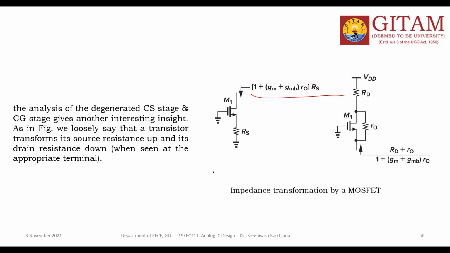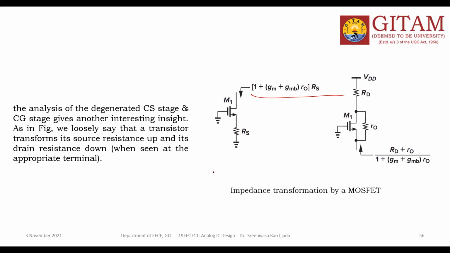See here, the analysis of the degenerated CS stage and CG stage gives another interesting insight. As in the figure, the transistor transforms its source resistance up and its drain resistance down.